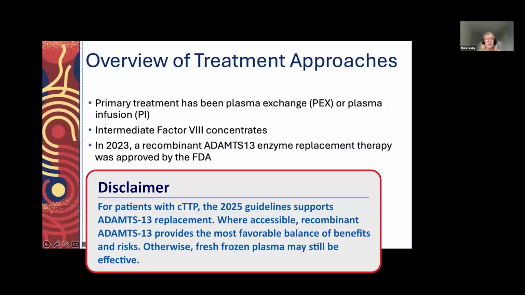While very good for use in younger patients with cTTP, avoiding the need to come into hospital, the amount of ADAMTS13 present in these factors is very small. And finally, as of the end of 2023, we have recombinant ADAMTS13.